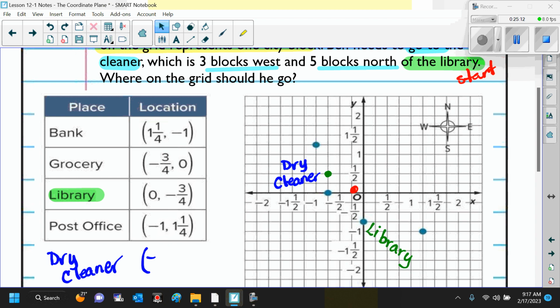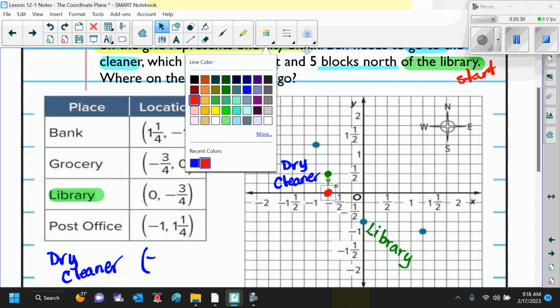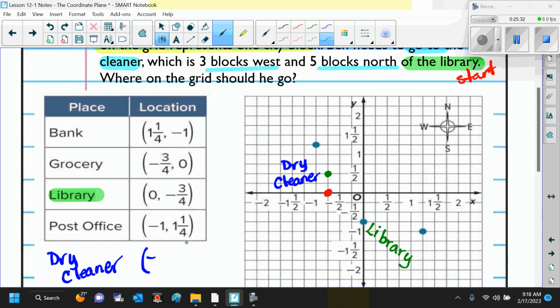Well, from here, we're going to go 1/2. No, this is 1/2 right here. So this is 1/4, 1/2, 3/4. You see that? And this is 1 over there. So this is going to be negative 3/4. Negative 3/4 is our x value.